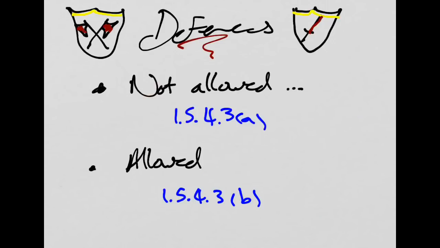Quite clear. So, make very sure that you take a look at the available defenses against a spoliation remedy. Have a look at the bottom of page 233, going on to 234. Make sure that you understand which defenses are not allowed.